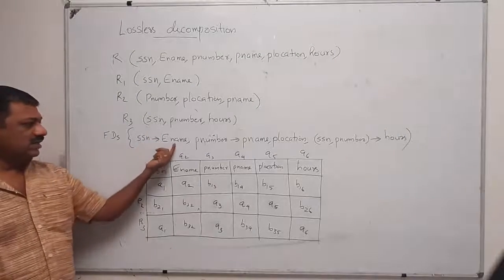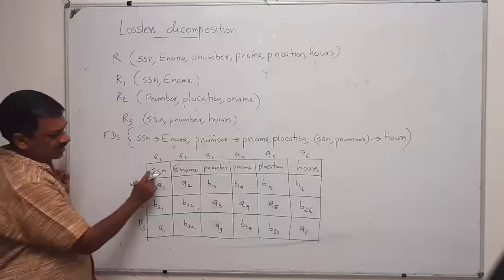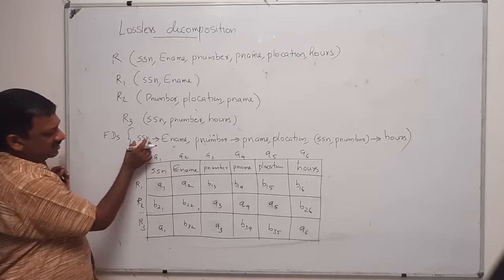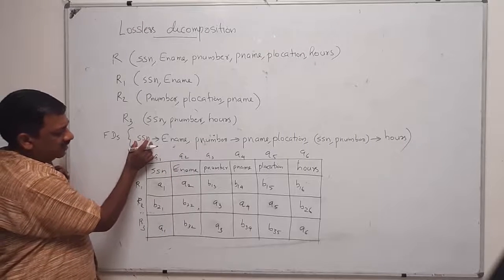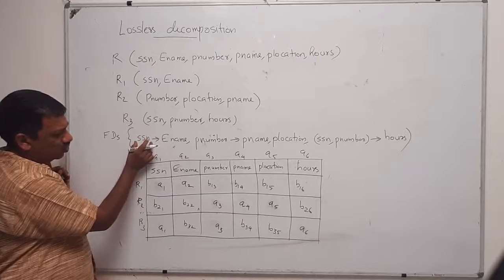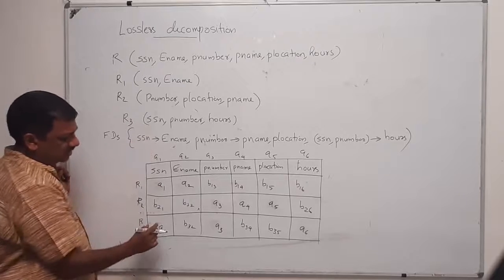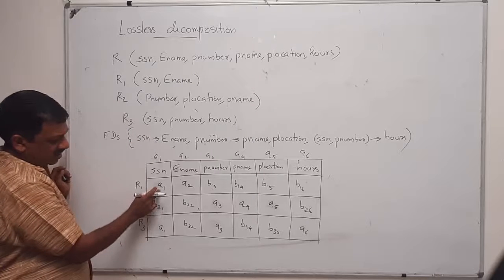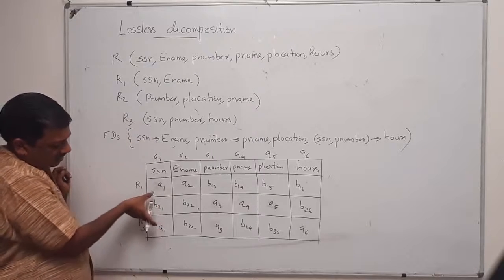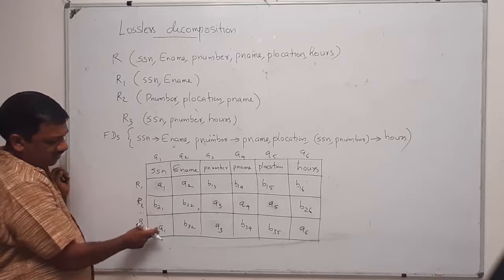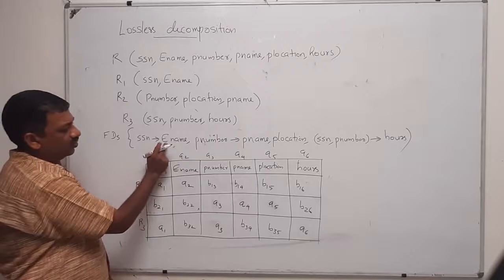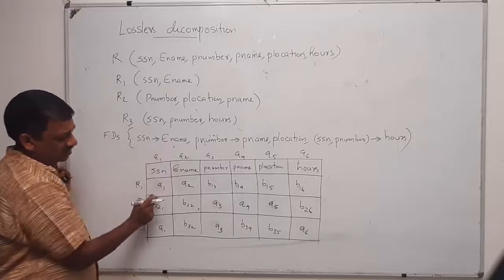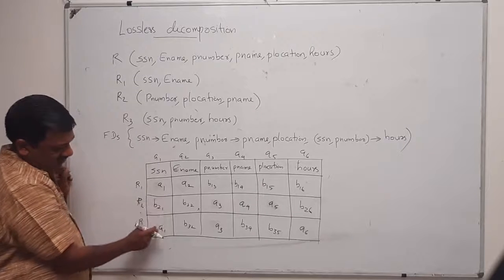Now we are going to take these functional dependencies one by one. That is SSN determines E name. Left hand side is SSN, and we are checking for two entries with the same SSN. That means A1, B21, A1. Here this A1 and this A1 are same. Then we check the value of E name. Here it is A1 and here it is A1.